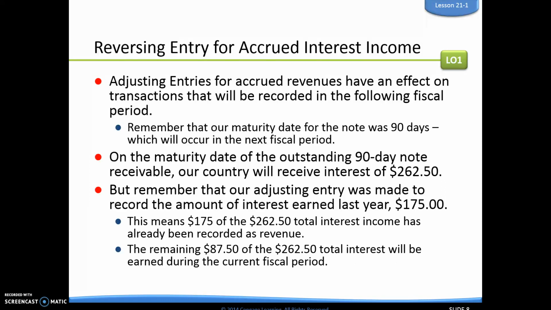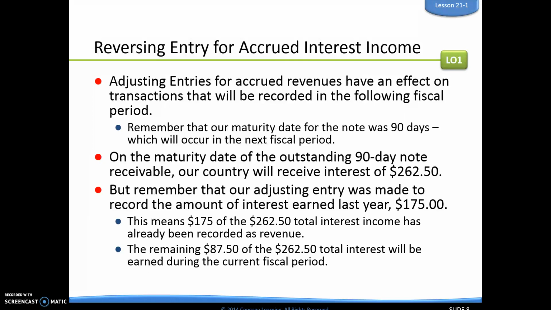So what happens here, the adjusting entry doesn't just stop at the end of the fiscal period. Remember, it's actually affecting things that are going to happen in the next fiscal period, because remember, our maturity date was for 90 days. So even though we signed it in, say, 2018, we're not going to receive that until 2019. So when we get to the maturity date 90 days later, the total interest we're going to receive from that note receivable is actually $262.50. But remember that our adjusting entry was made to record a portion of that, or that 175, in the previous year.